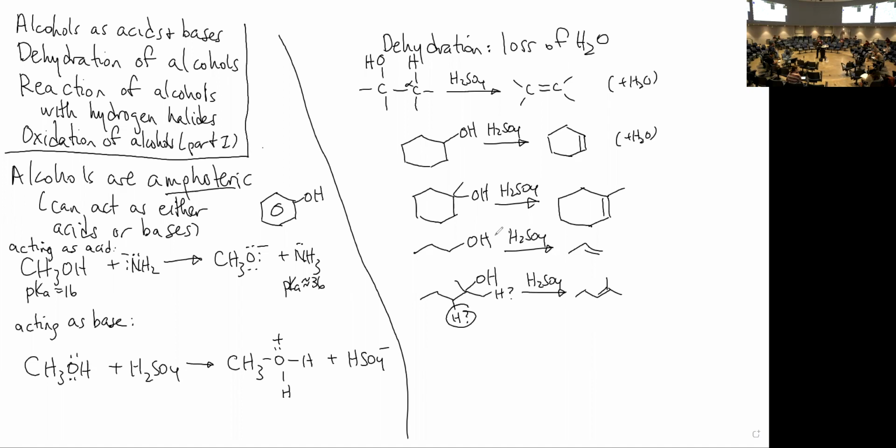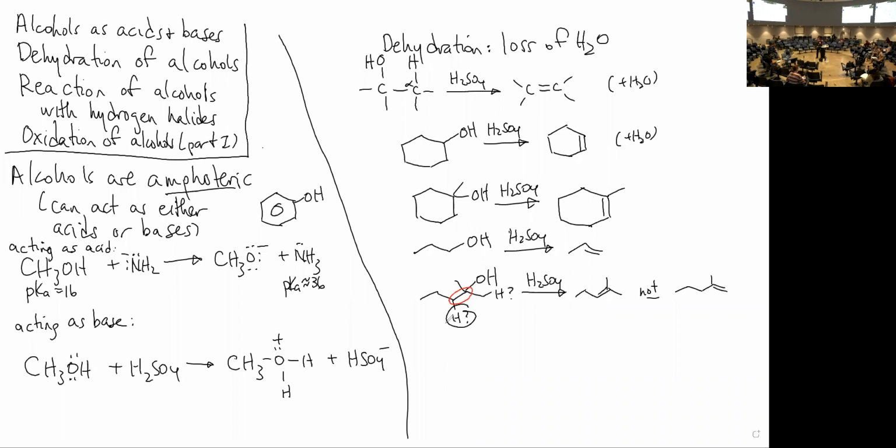So let me put some colors in here to give you some visual aids. We're going to remove the hydrogen from that carbon. We're going to remove the OH group, and we're going to form a double bond where I've circled in red. So as opposed to taking off one of these 6 hydrogens, that will give you the same compound. So you will get that compound and not that compound.